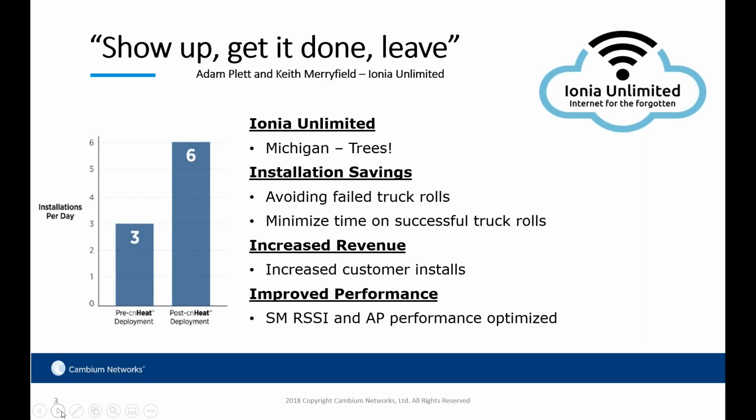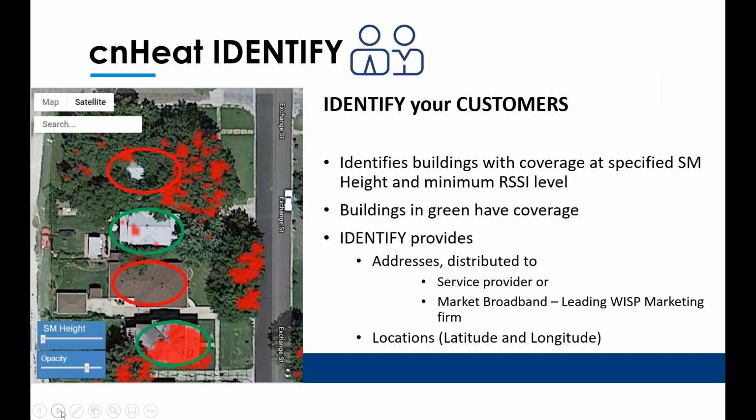Our performance was improved for not just our deployments. We were putting the installs where they had the best signal without having to be up on the roof all day hunting for it. We were able to get more customers installed per day. It was just overall a better experience for both us and the customers.